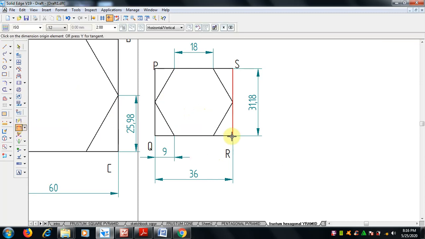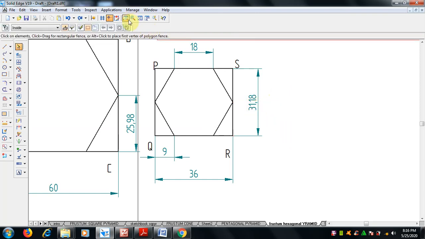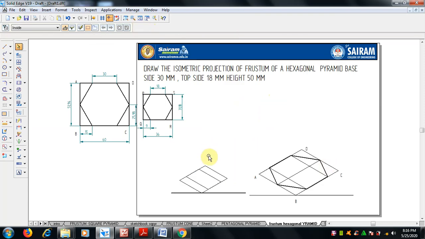Distance between this end to this is how much? 15.59, okay, 15.59, that is the mid of this. So from here 15.59, enter at an angle how much? 150 you can draw. This is an exact midpoint, it will come.